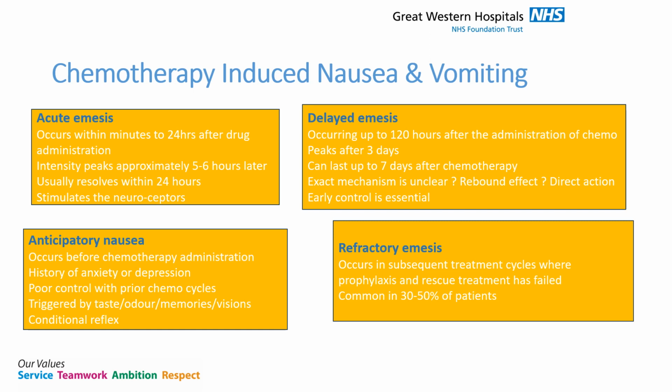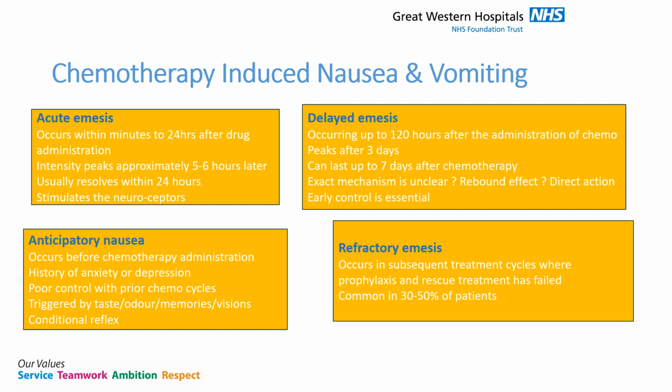Its intensity usually peaks about 5 to 6 hours later, but it usually resolves within about 24 hours, and this is because of the stimulation of the neuroreceptors. We don't commonly see this with transplant treatment chemotherapy, primarily because we choose to give a strong regime of anti-sickness medications prior to giving chemo, which will hopefully reduce the risk of them having these acute episodes.